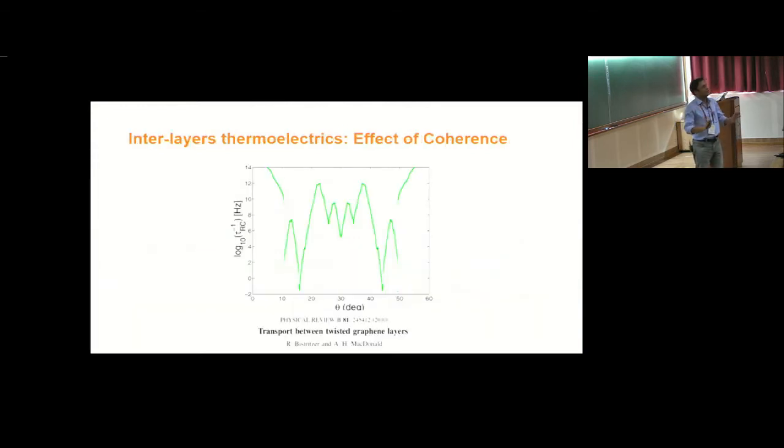Current understanding is based on coherence of electronic wave functions between the upper and lower layers. Again, a calculation by Allan MacDonald about 9 years ago. You can say the RC time constant of electronic transport across the 2 layers.